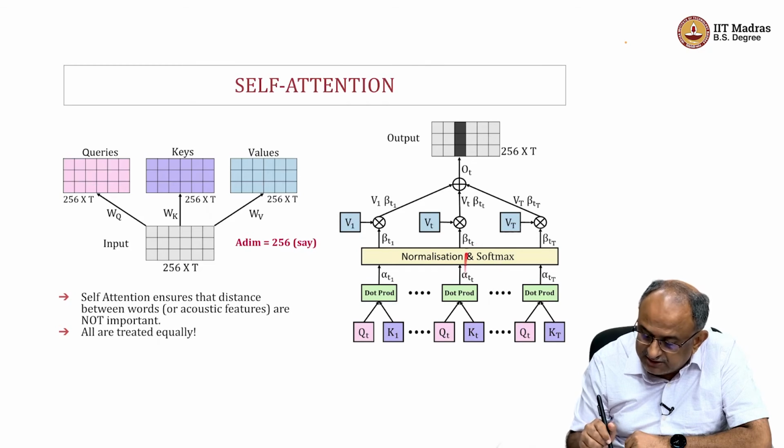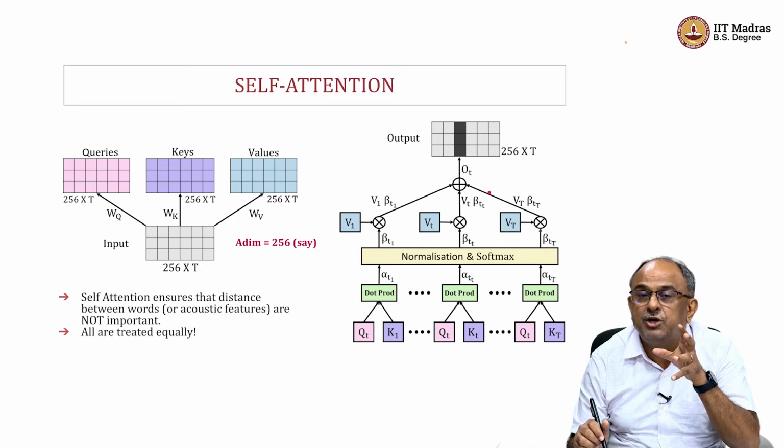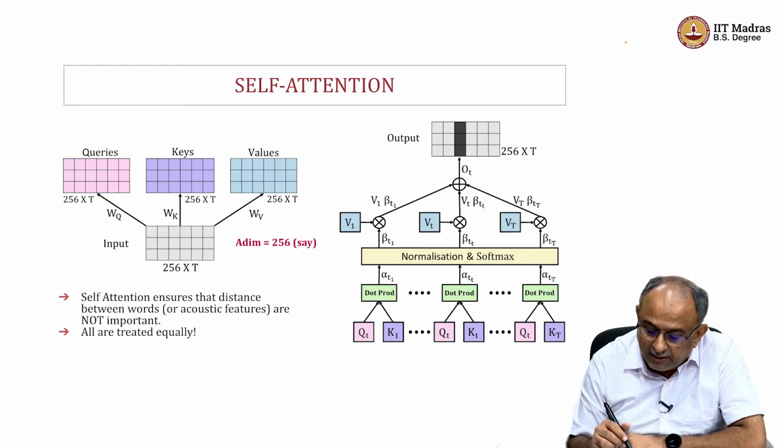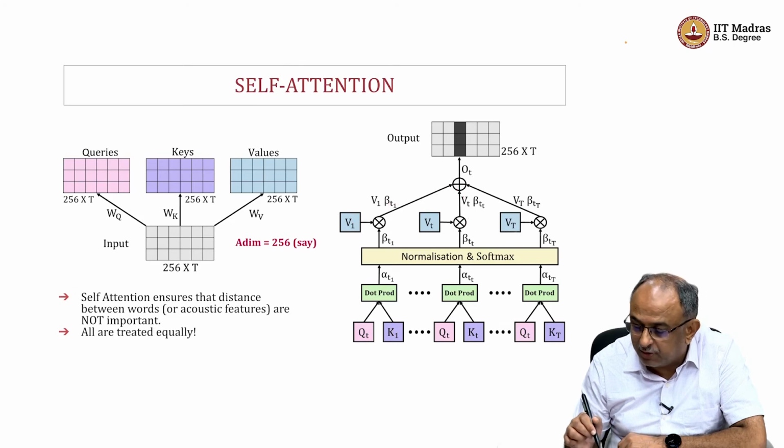Actually, my interest is in finding out the tth word, but the tth word is going to be influenced now by the first word, which is V1, multiplied by the similarity between the first word and the tth word. So for V1 itself I am going to take some weighted combination, Vt with some combination, and the last word, V capital T, with its own weight.